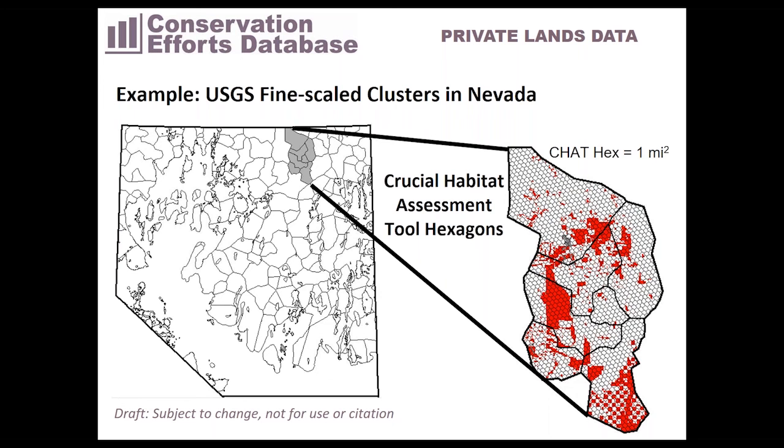For those of you who are familiar with WAFWA's CHAT tool, the Crucial Habitat Assessment Tool, we've overlaid these 1 square mile hexagons. It's just intended to give you a frame of reference.